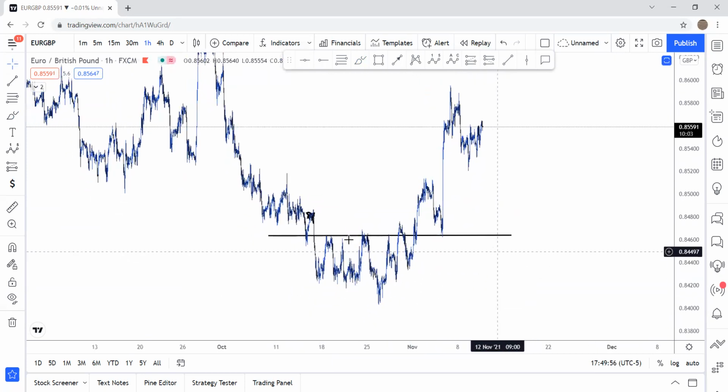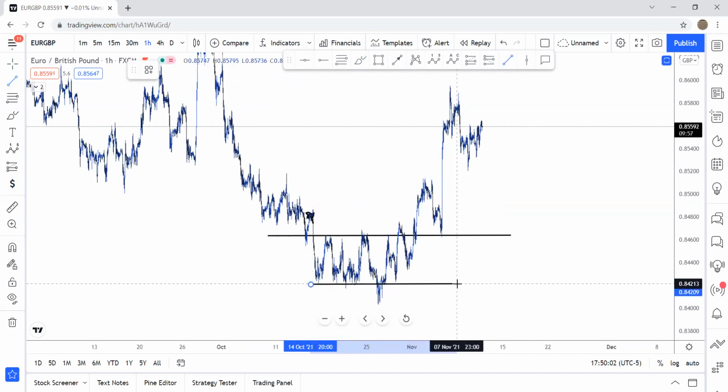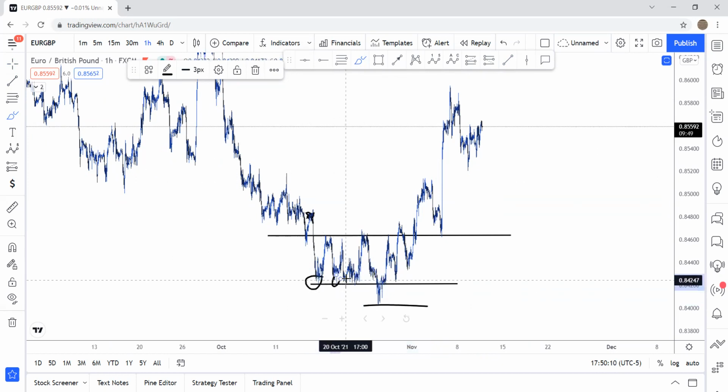So once again, we can look down here at a common area that price continues to reject from. We have this point that price pushed out to, which is also support, but this is a common area. It rejected here multiple times, as opposed to this area, which is one time.